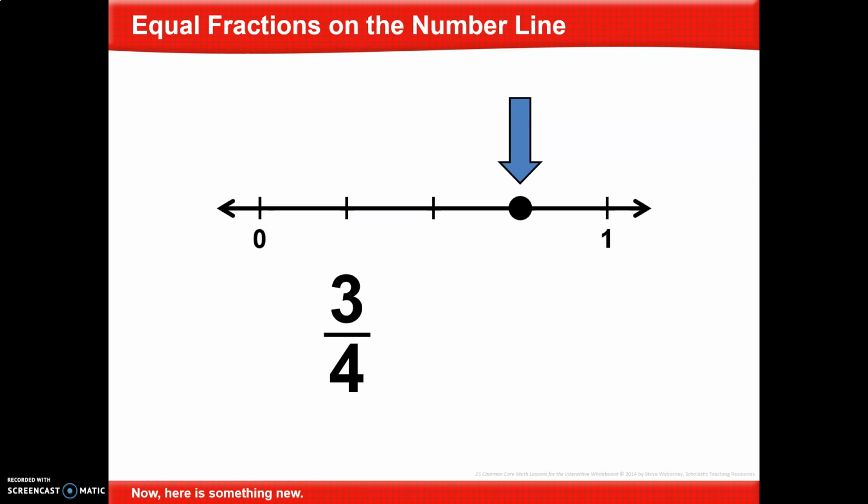Now, here is something new. We could also divide the number line into equal parts like this. Let's count to find out how many equal parts there are. 1, 2, 3, 4, 5, 6, 7, 8.